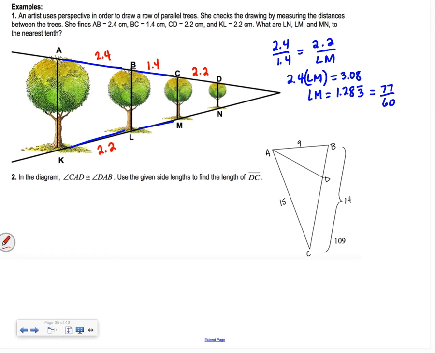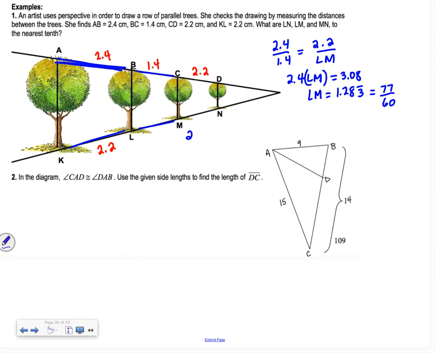Then we go through the same process for these. Let's say I want to get MN. A lot of times I don't want to use a value that I found already. I'm going to try to avoid using that 77 over 60, because what if I messed it up, right? So instead I'm going to go all the way back to the 2.4 right here.